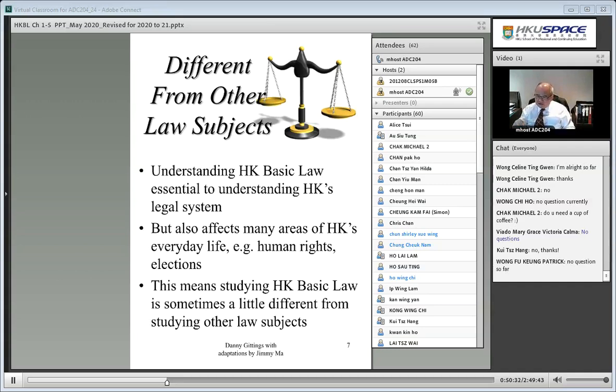And as far as the mainland law, we call national law, is concerned, they do not have effect in Hong Kong SAR, except when it is included in Annex 3 of the Basic Law and either promulgated by the Chief Executive or enacted into local ordinances. That's something we will really focus on again.